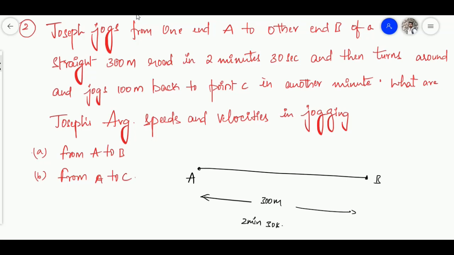Let's convert this into seconds for simplification. That is 150 seconds. Okay, and he turns around and jogs 100 meters back to point C. So after reaching point B, he jogs back again and reaches point C, and it is 100 meters.